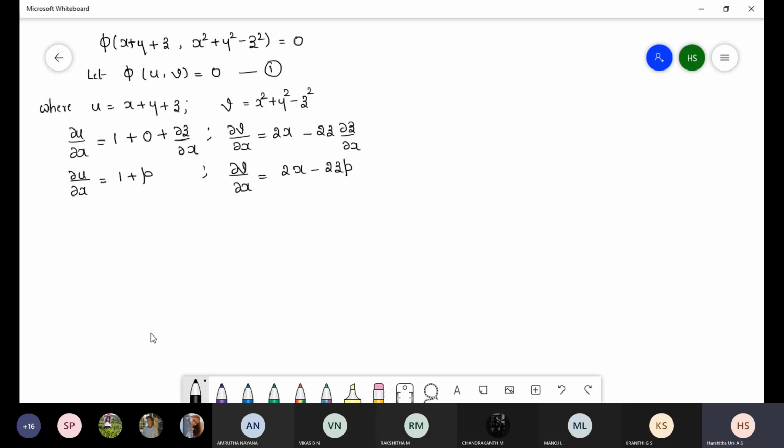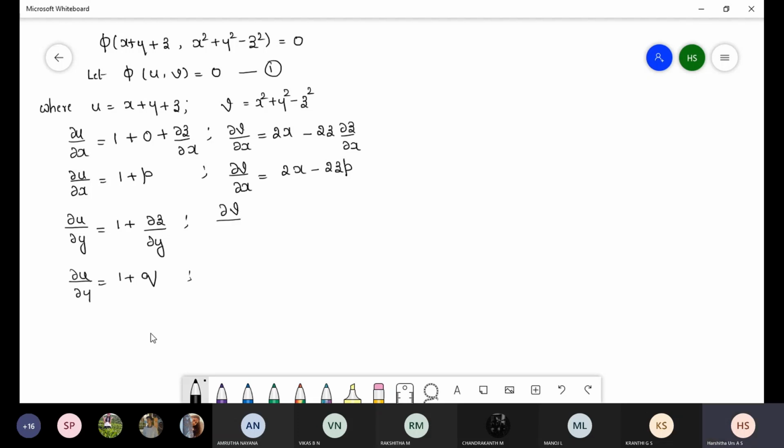Same thing with respect to y: dou u by dou y is equal to 1 plus dou z by dou y, so dou u by dou y is equal to 1 plus q.